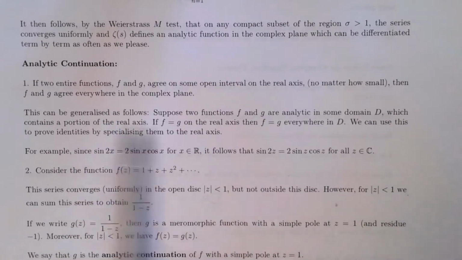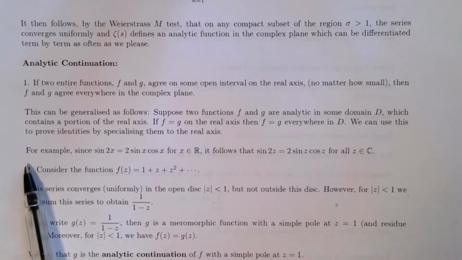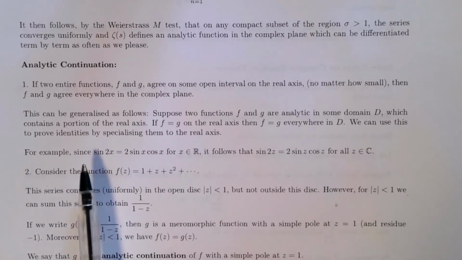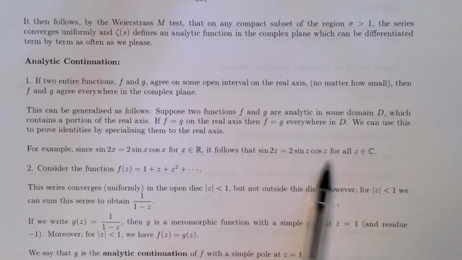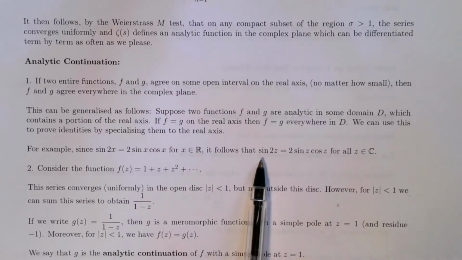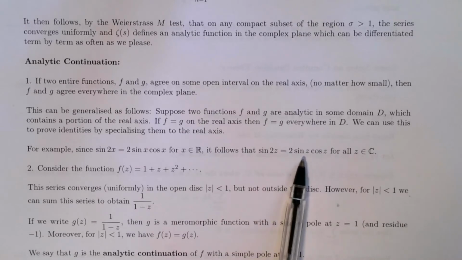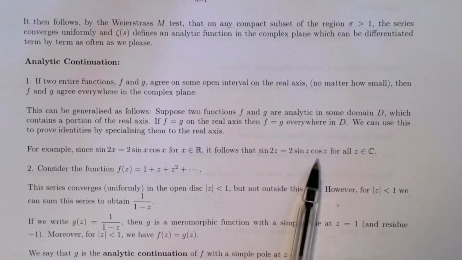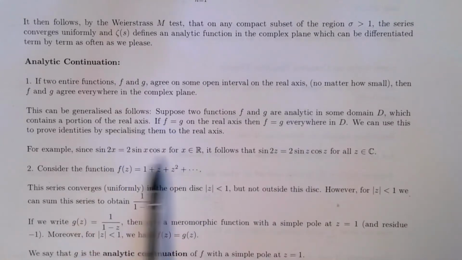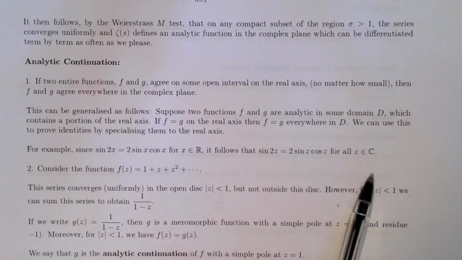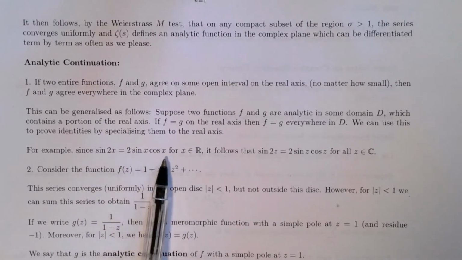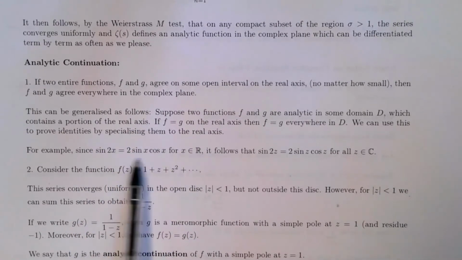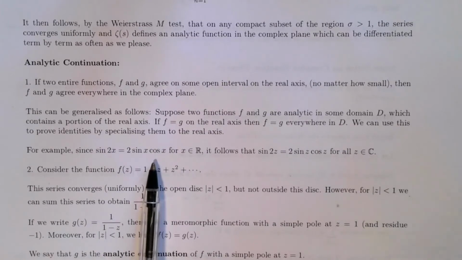A simple example here: if you're trying to prove this complex identity, where z is complex, the sine double angle formula, sine 2z is 2 sine z cos z, you simply go back onto the real axis, and if I put z to be x, which is real, then I get sine 2x and 2 sine x cos x, and we know that this is a true identity back in the real world.